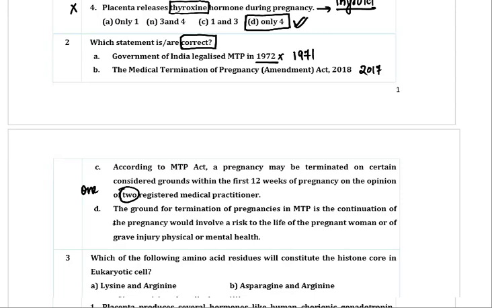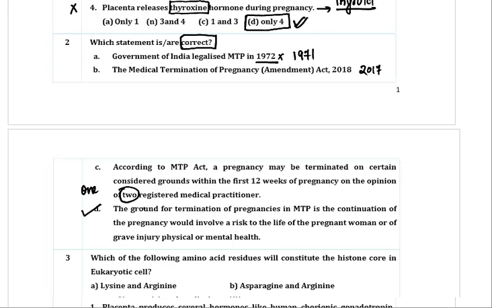The next one is that the ground for termination of pregnancy is that the continuation of the pregnancy would involve a risk to the life of the pregnant woman or of grave injury to her physical or mental health. Fine. This is the correct statement.